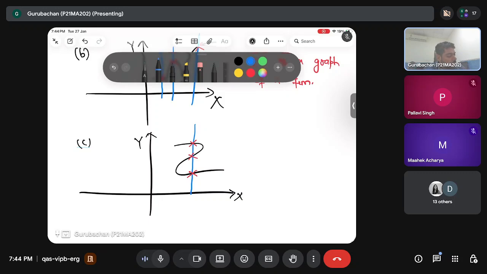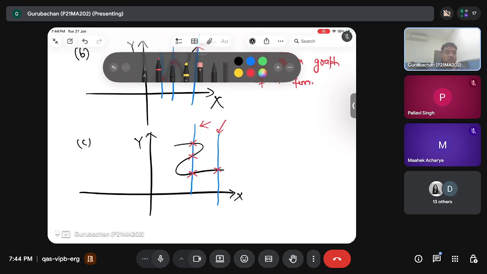One can also say that you are drawing this line and it is cutting only one point. No, it must hold for all. If it is cutting at one point, then it should hold for every vertical line. But you have two possibilities: one vertical line cutting at only one point and another vertical line cutting at 3 points.